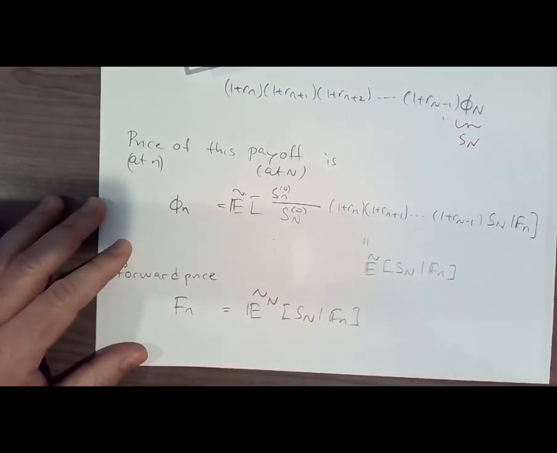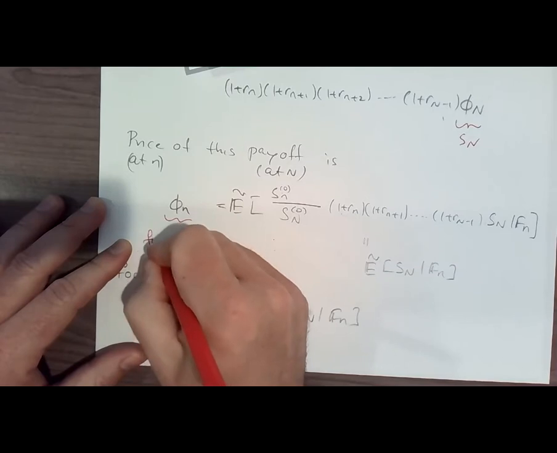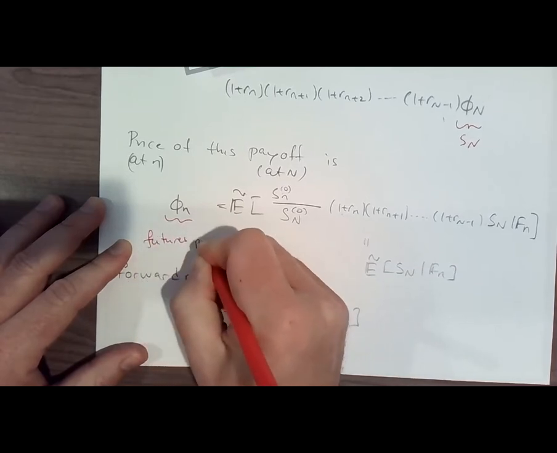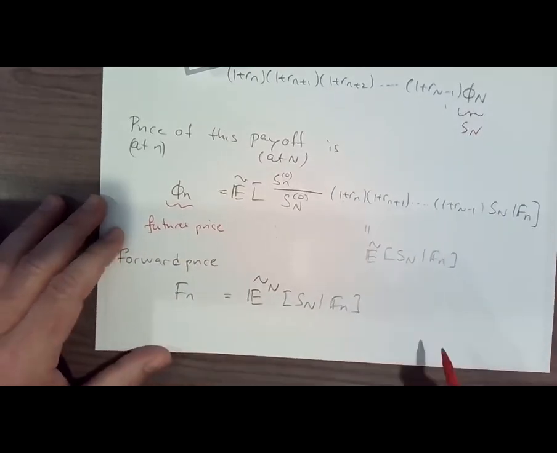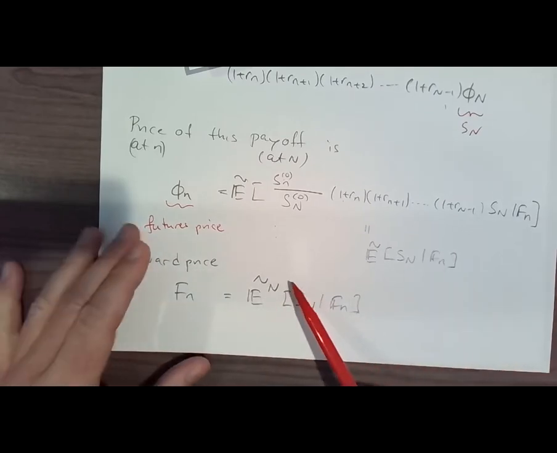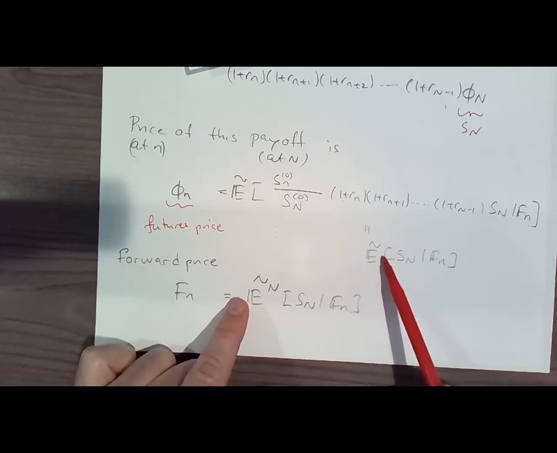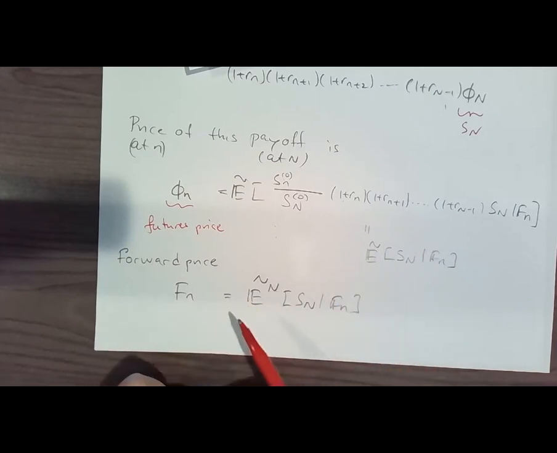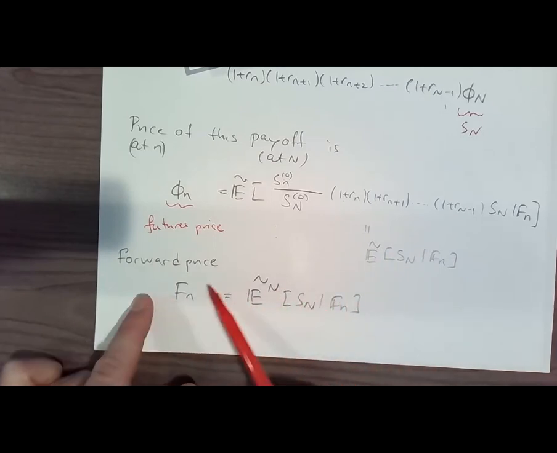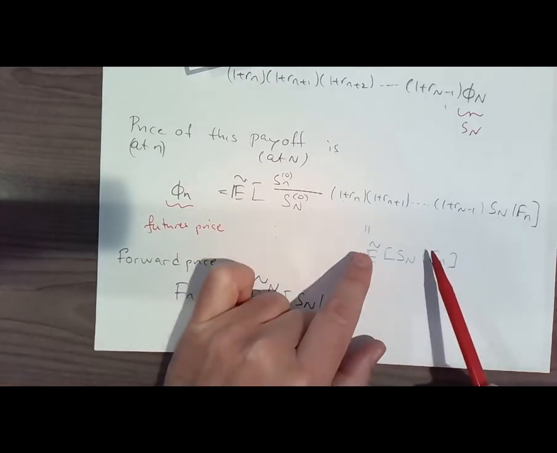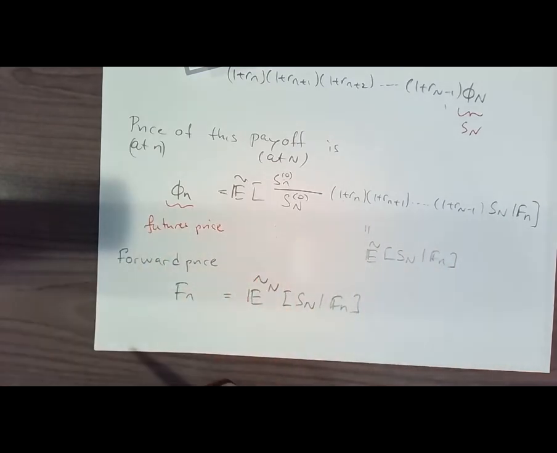And this one here is the futures price. So they have very similar expressions. The only difference is the expectation that you're computing. Is it under the risk neutral measure or under the forward measure? If it's under the forward measure, you're going to get the forward price. If it's under the risk neutral measure, you're going to get the futures price.